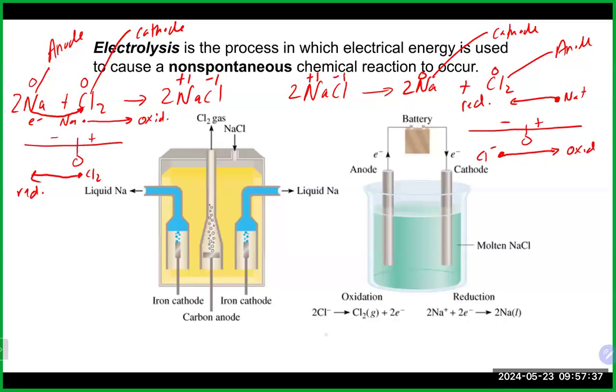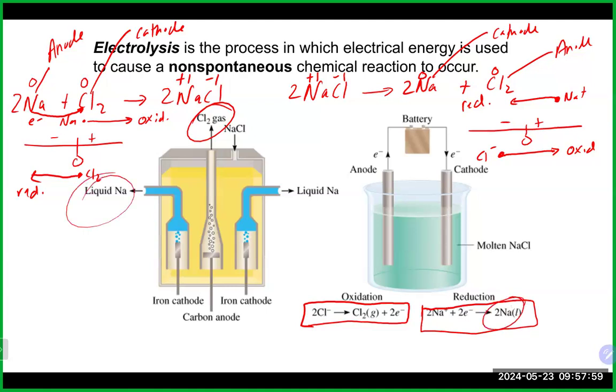And that's what we see down here. We actually see our oxidation side happening, and it is our chloride that is losing a couple of electrons and coming back to chlorine gas coming out. And on the reduction side, it is the sodium ions that are going to gain those electrons and end up as liquid sodium metal coming out in this electrolysis event.